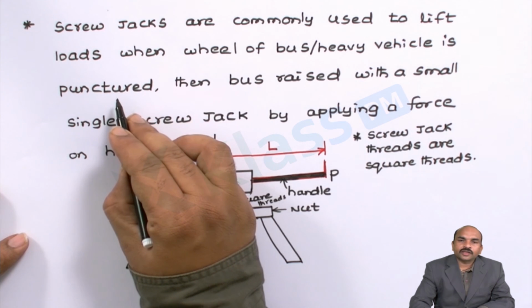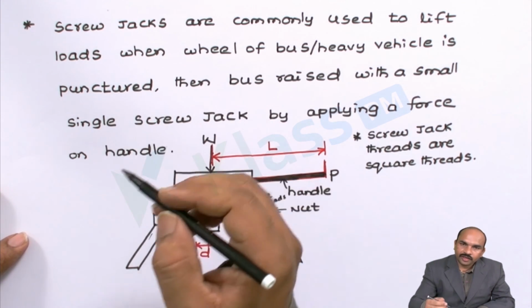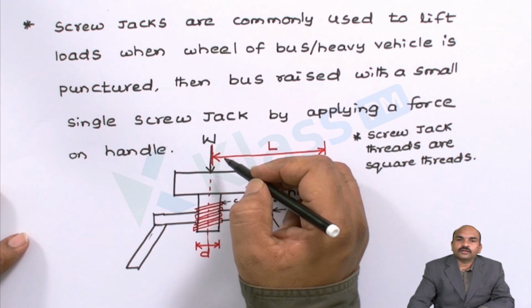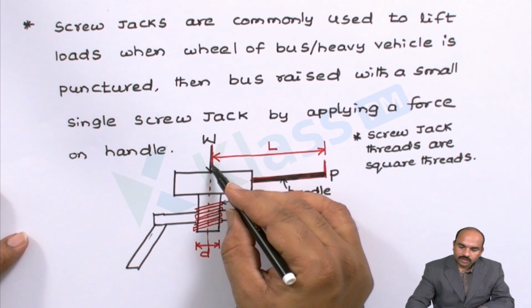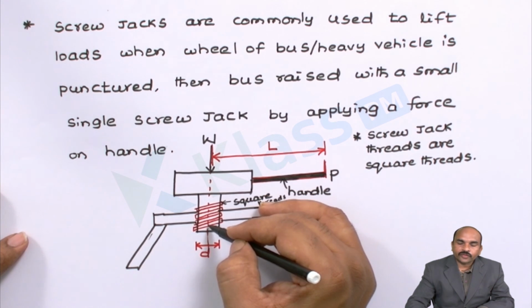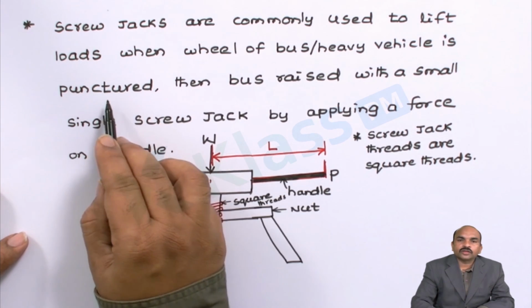After that, to lower the vehicle, we rotate this in the reverse direction so that the screw comes down, and then the work is done.